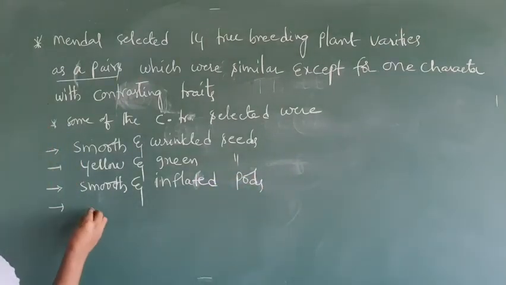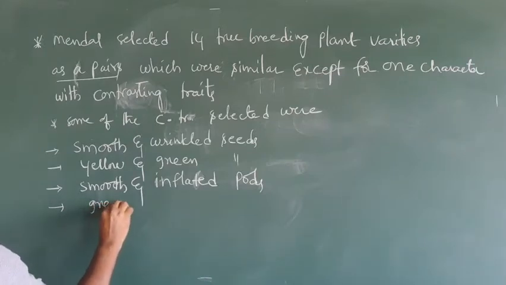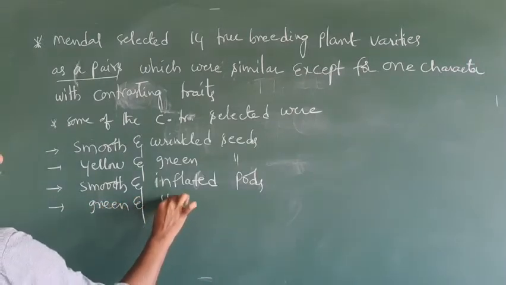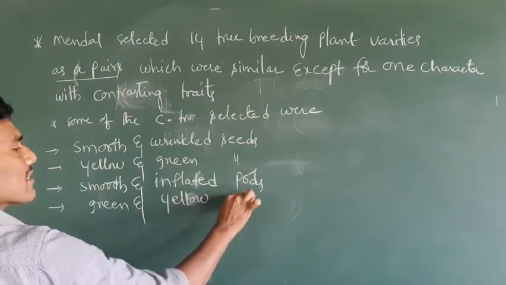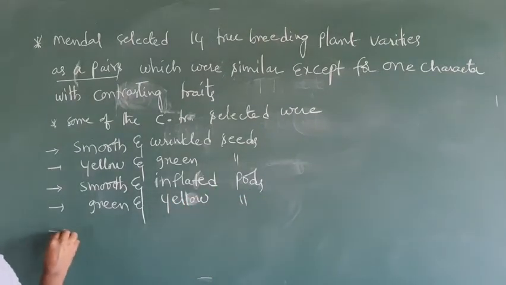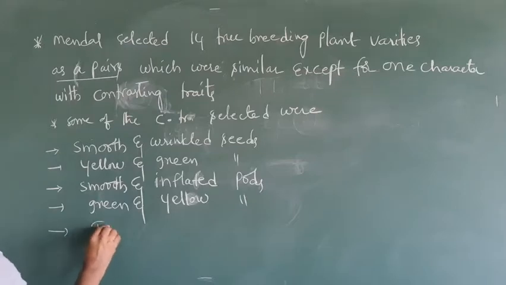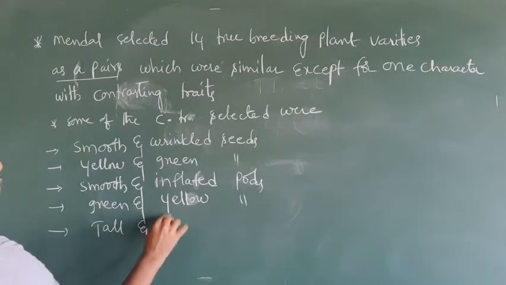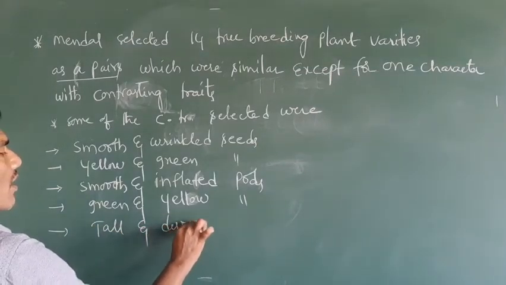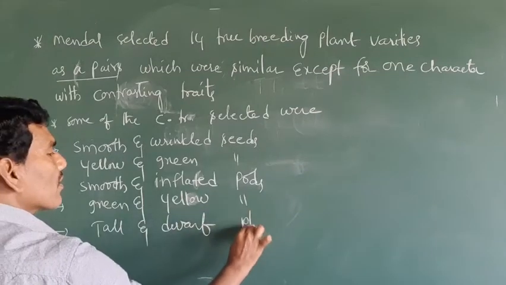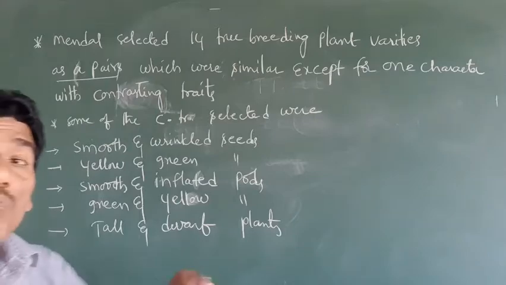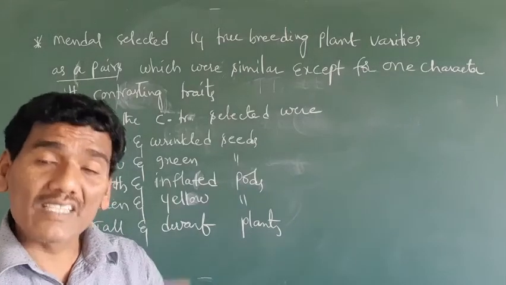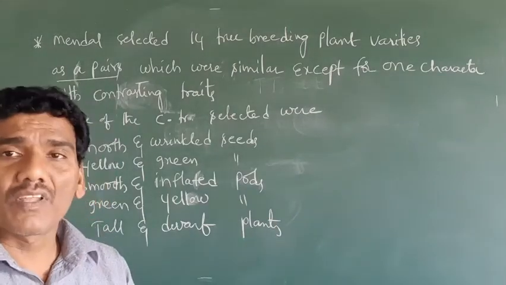Next one, green and yellow pods. Finally, tall and dwarf plants. Some of the contrasting traits selected were these.